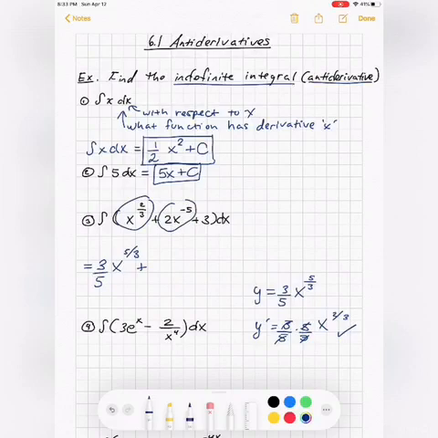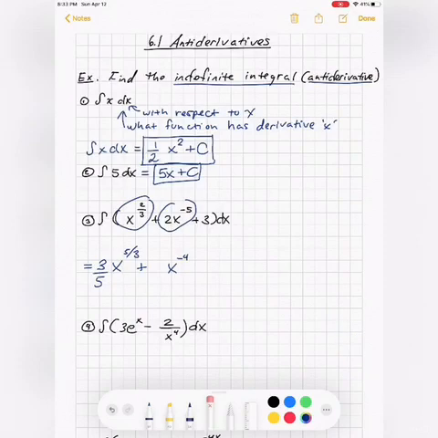Let's see if I can figure out this next term. Okay, I would have needed a -4. And then let me see if I can figure out what that coefficient would need to be.